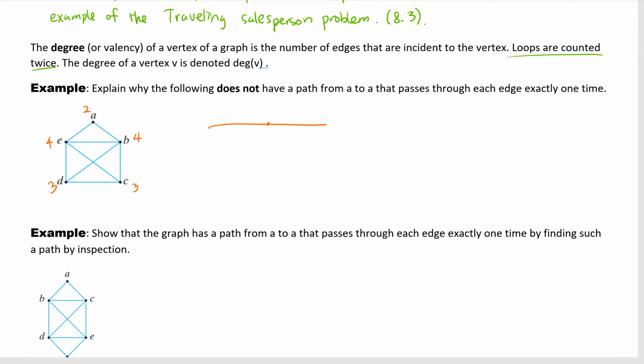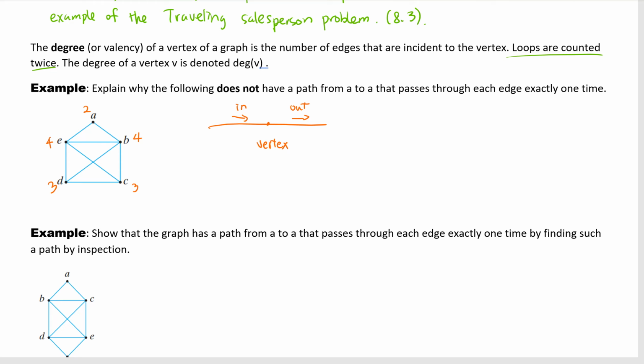If we have a vertex, when we go through the vertex, we have a path coming in from an edge and going out through an edge, right? Which means each vertex should have an even degree, because you want to come in and go out.